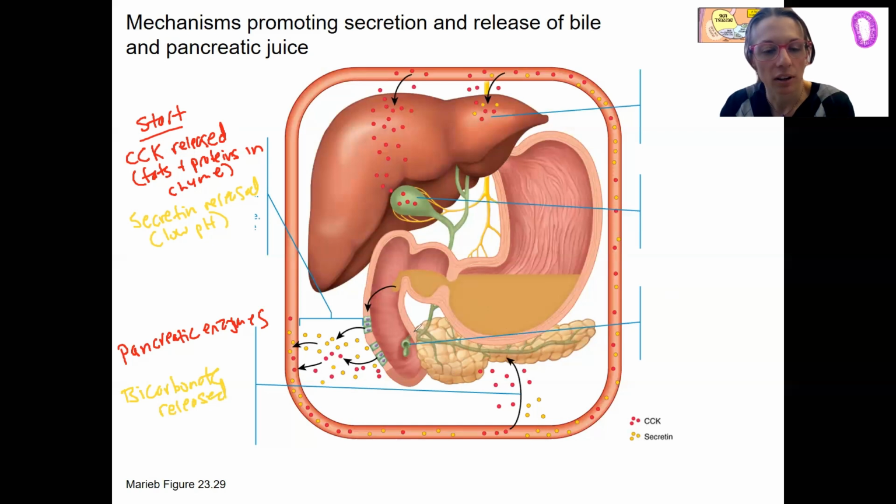Okay, what's happening here? Here is our duct that's coming into the small intestine. So to get that to open, we've got the hepatopancreatic sphincter. I think I finally learned how to spell that. Opens. CCK triggers this.